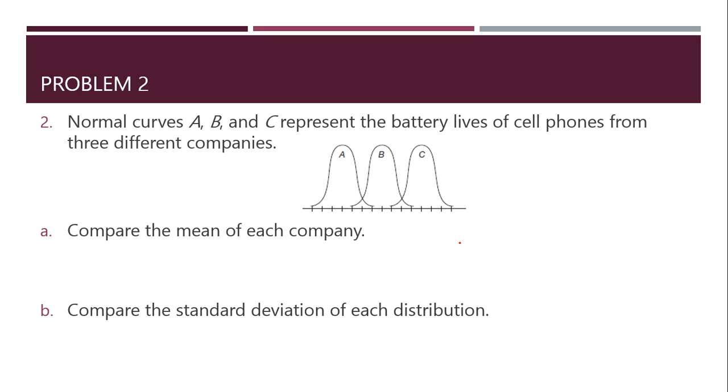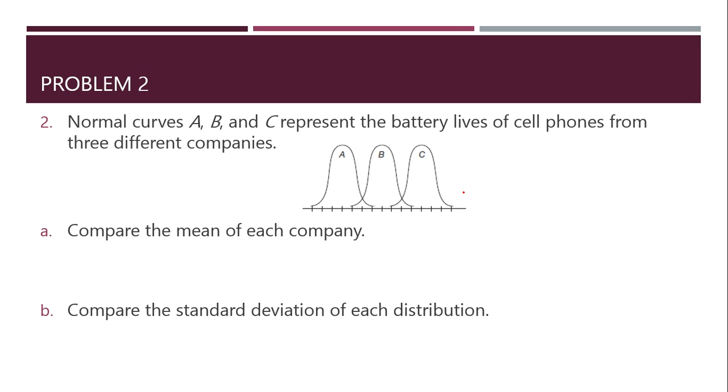Now, what if they have the same standard deviations, but I start messing with the mean of my curves? Take a look. You can see that A peaks a lot lower than B, which peaks lower than C. So while these curves are the same width, so they have the same standard deviation, these curves have been shifted left and right.